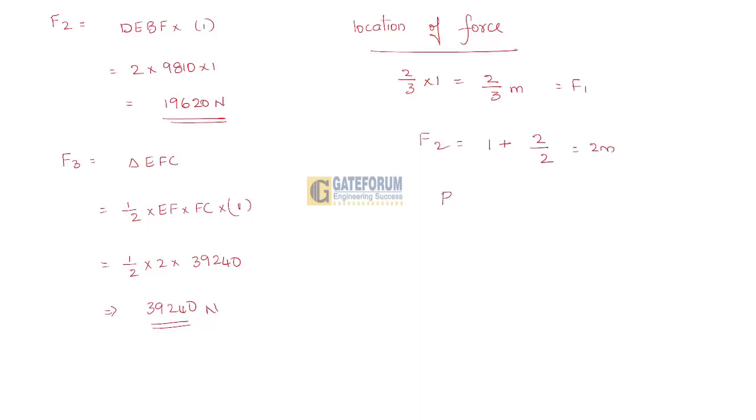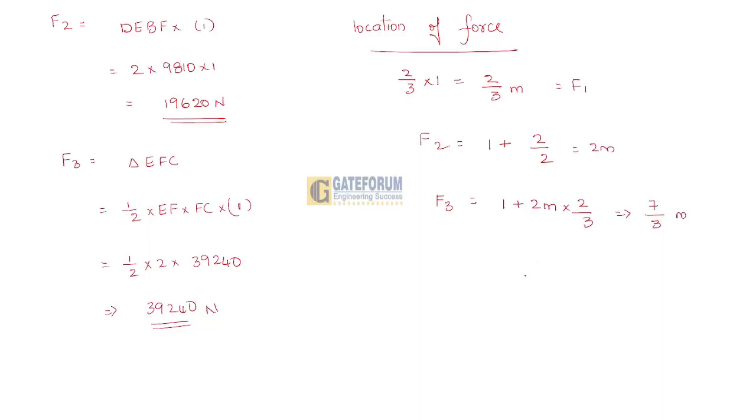Oh, sorry. We need to find F3 also, right? F3, 1 meter plus 2 meters into 2 by 3, from the top, which will be 7 by 3 meters.